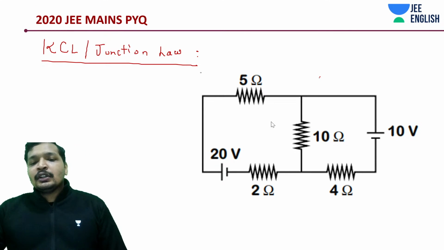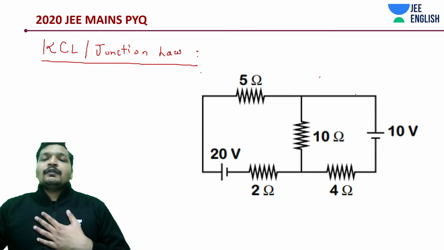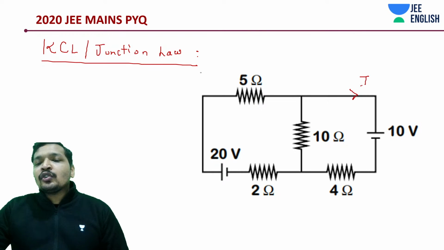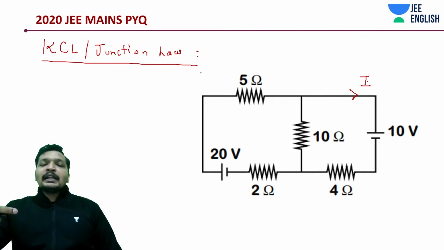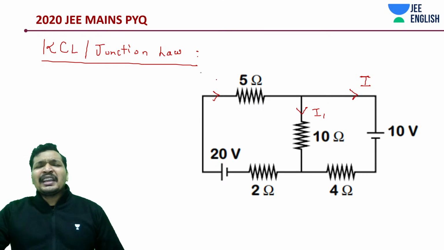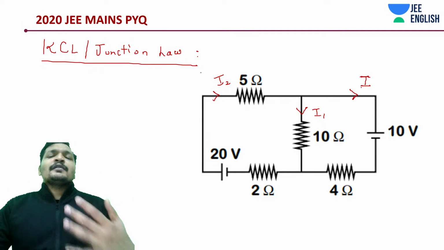We know the 20 volt should be giving out the max current. And generally, to avoid confusion in the exam, I'll take the unknown to be I, because ultimately I want I. This should be I1 and this is to be I2. You can take any name, like A, B, C, D, etc., but I'm taking I because this is very convenient.